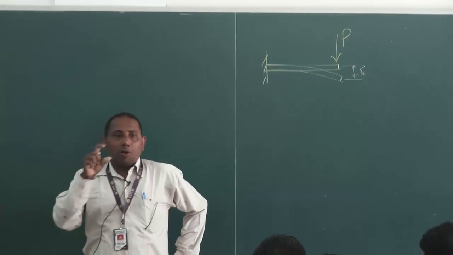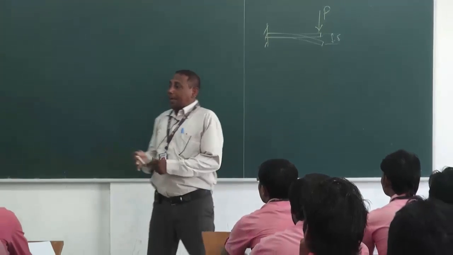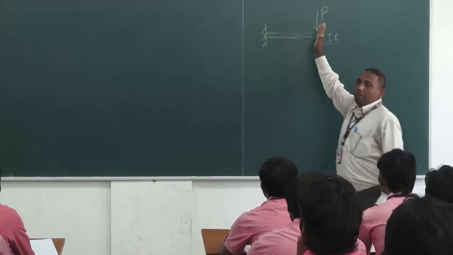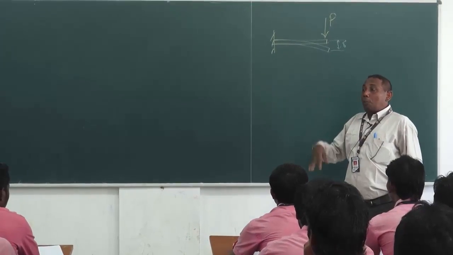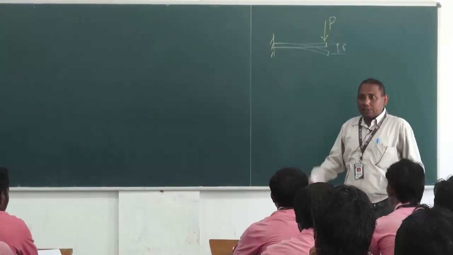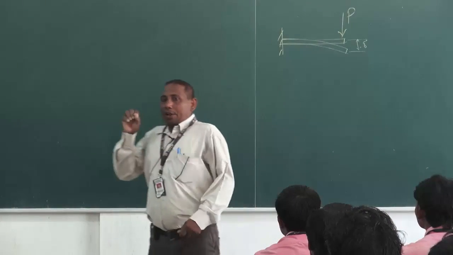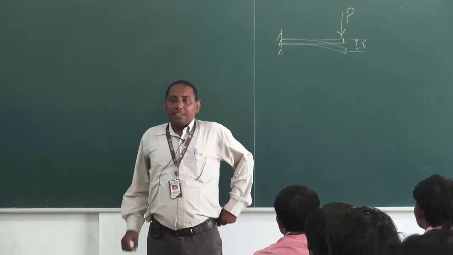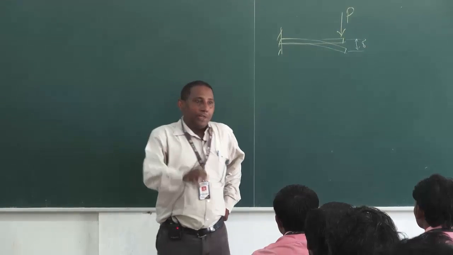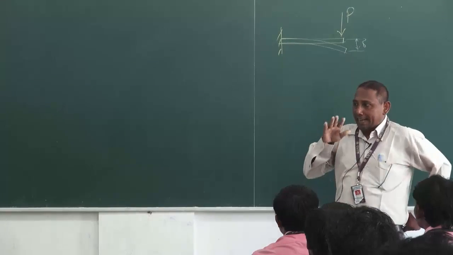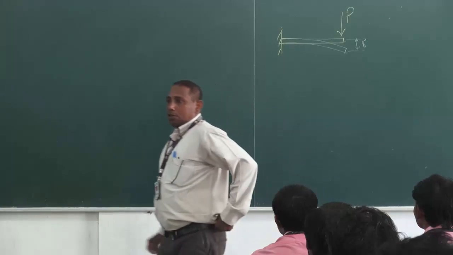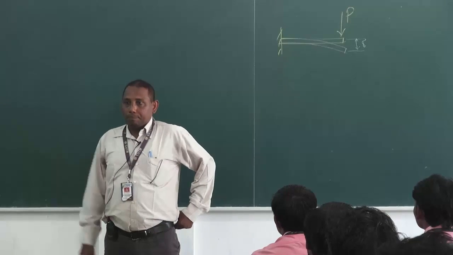And this amount of deflection depends upon the area of cross section of the beam as well as the bending moment of the beam at any section. And for any design engineer, there are two important design criteria. One is the strength criteria of the beam, other is the stiffness criteria of the beam.